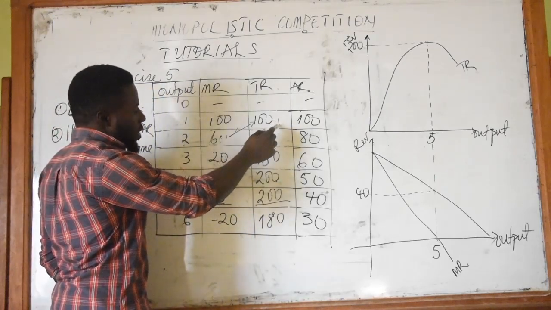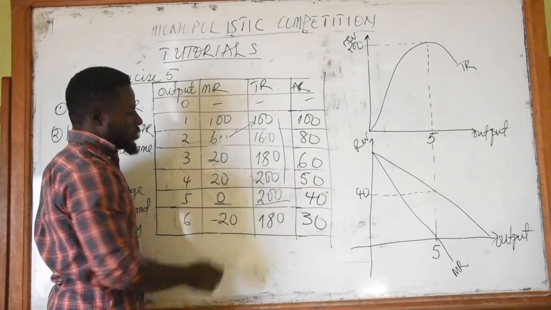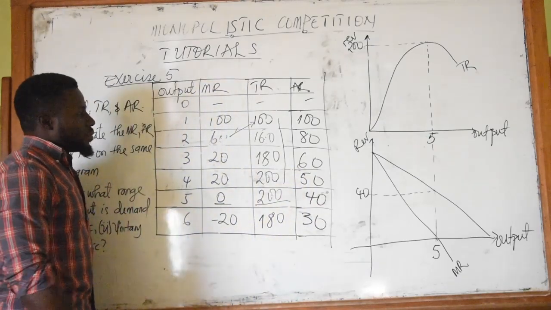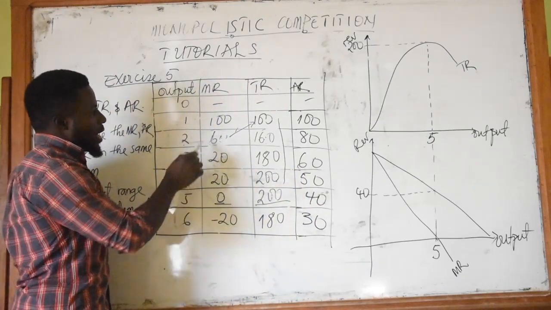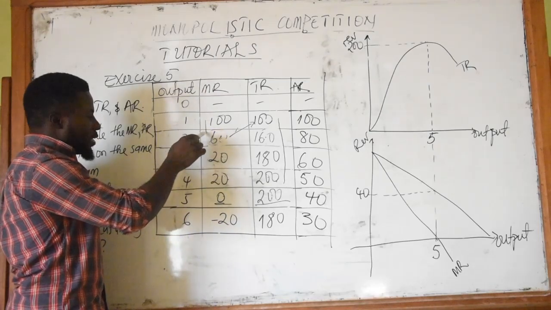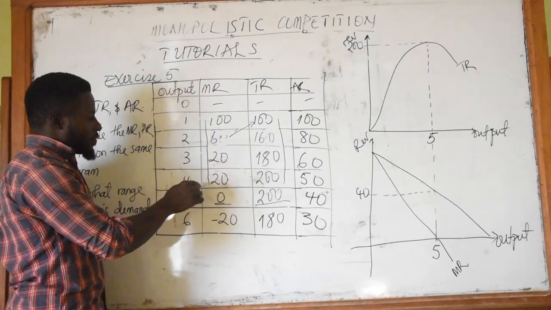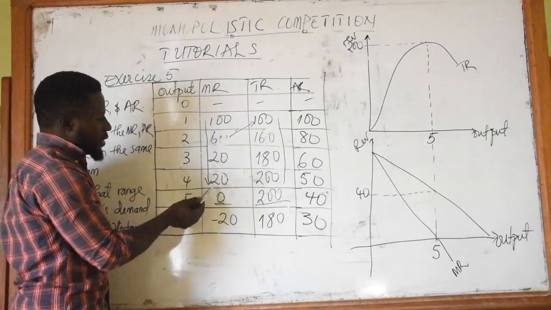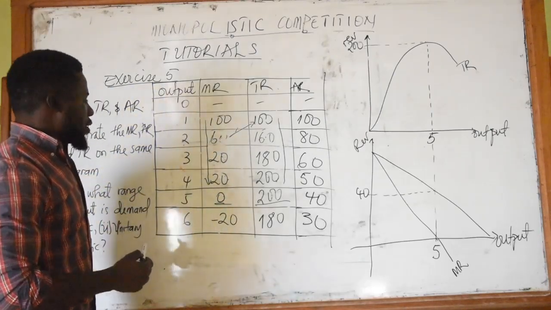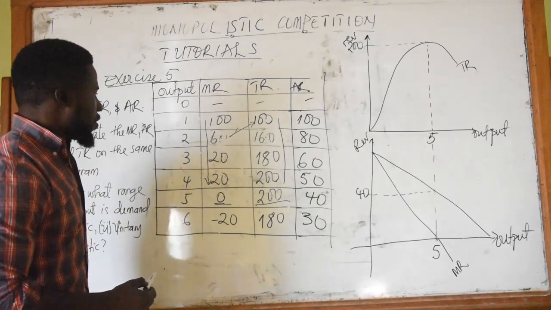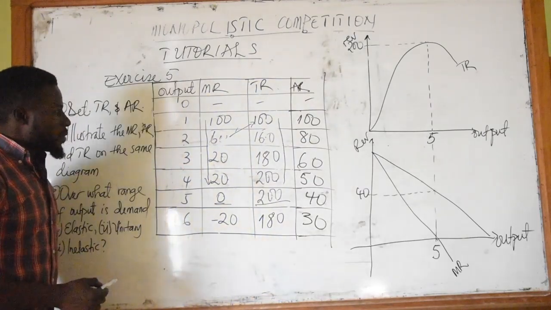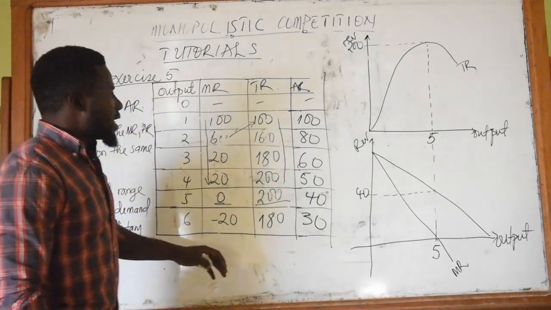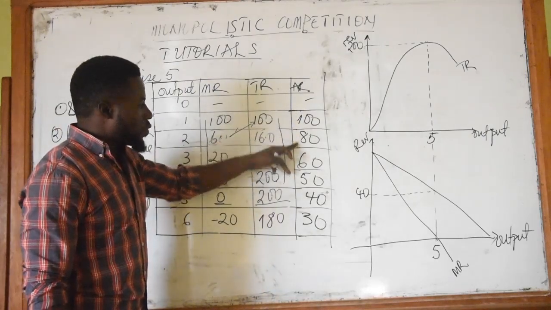It rises from 100 steadily to 200. And also, we must make sure that our marginal revenue is falling and it is positive. So marginal revenue is falling from 100 to 60 to 20 to 20 again, and it is positive over this range of output. And then we also see that average revenue is also falling.